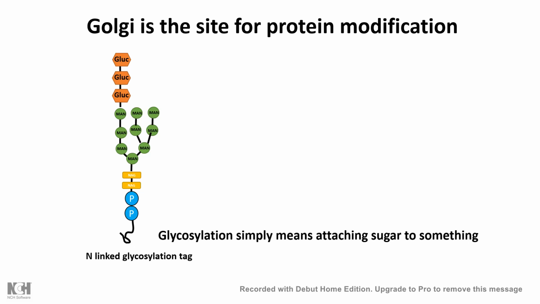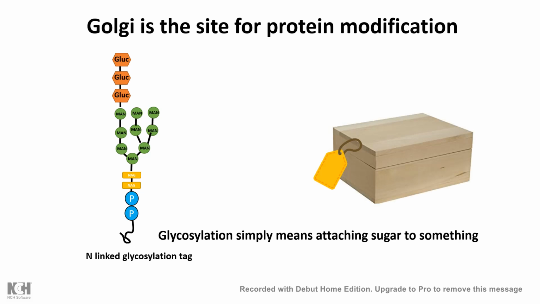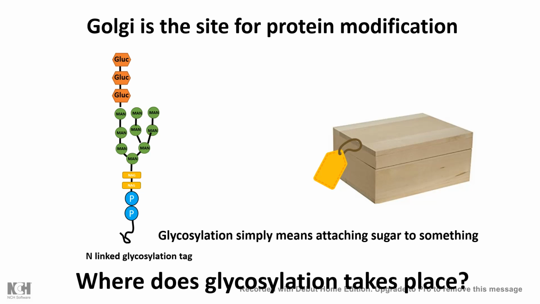Here, a complex sugar or oligosaccharide is attached to the newly synthesized protein, and this attachment of the tag starts in the ER. This tag works like an address barcode, which helps the sorting machinery or the vesicles deliver it to specific locations. Later in this video, we will take a specific example to look at how lysosomal hydrolase enzymes are selectively delivered to the lysosome and not any other locations inside the cell.